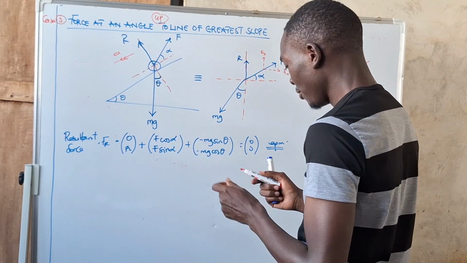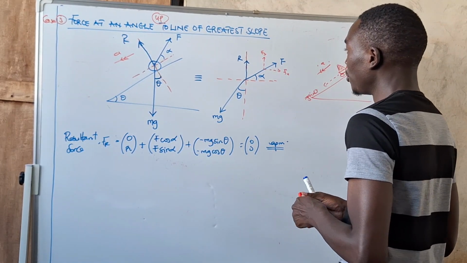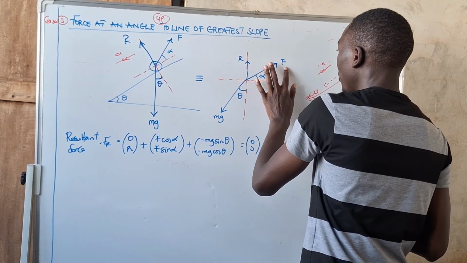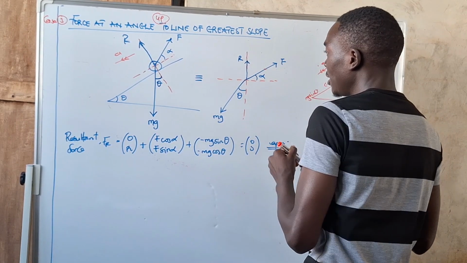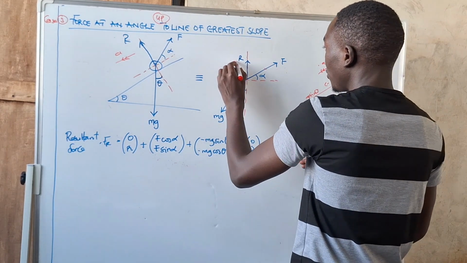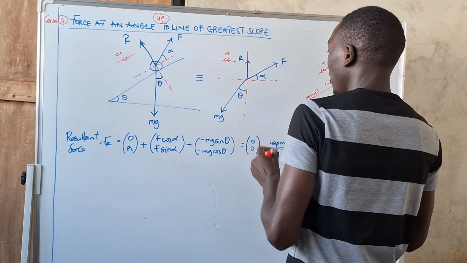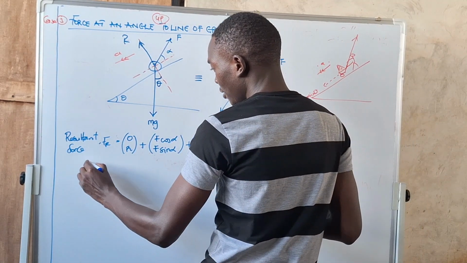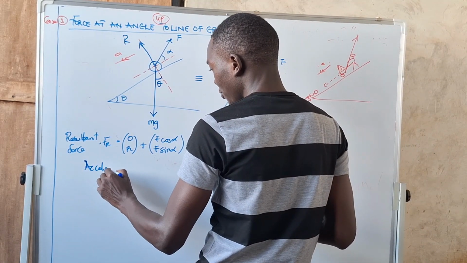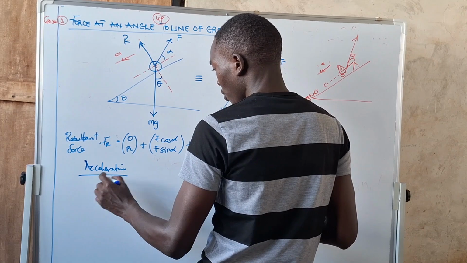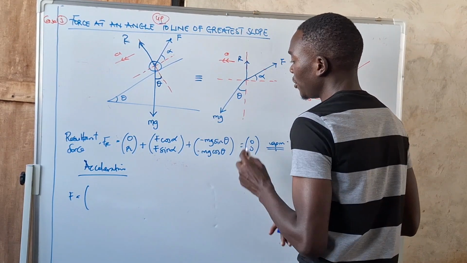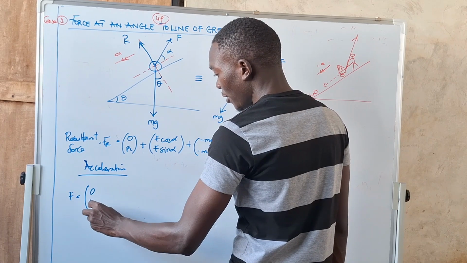And so if it accelerates downwards, remember I told you that even in your reproduced diagram, you'll have to come and indicate the direction of acceleration. You say it's here, it's down there. So that now when you're resolving, in this case where we have acceleration, you come and say my resultant force Fr shall be, the reaction is always 0R.